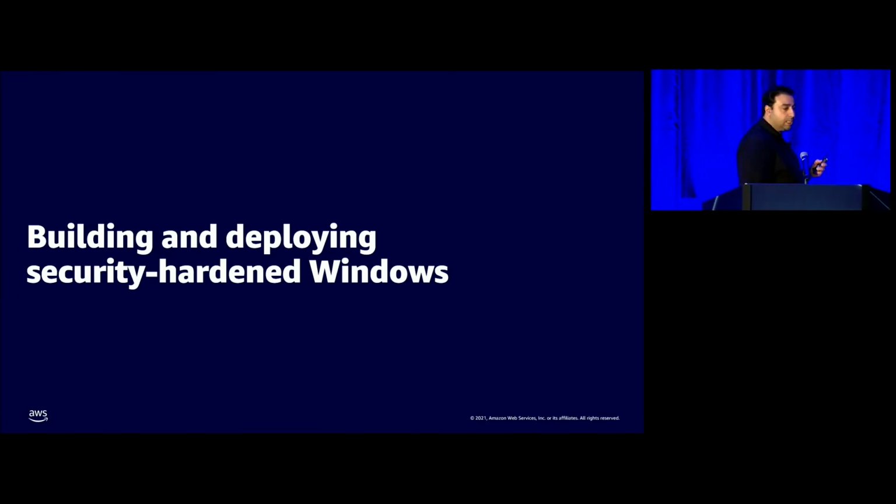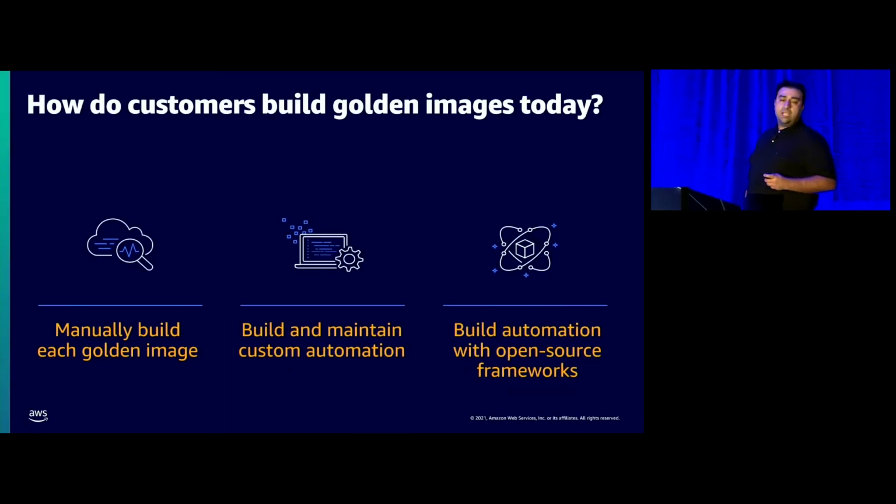So, building and deploying security hardened images. As we know, imaging is part of the routine thing that you do to deploy your servers securely and efficiently. Many of you have built and maintained golden images that conform to your organizational and industry requirements across AWS and on-premises.